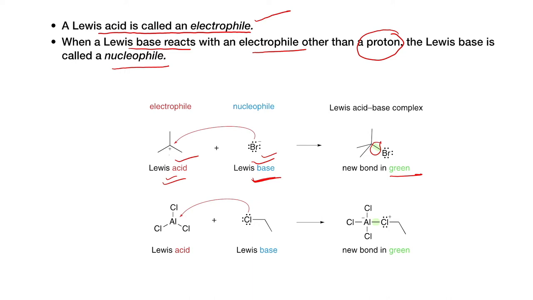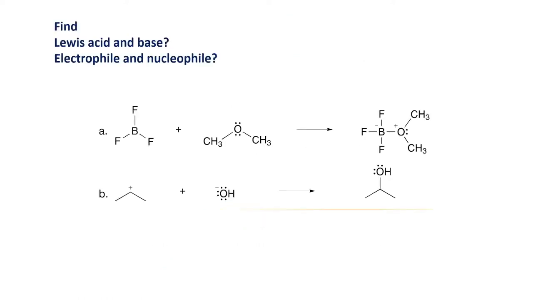Okay, similarly this is a Lewis acid, ammonium chloride is a Lewis acid, and this is the Lewis base. So you have to show the direction of the arrow from base to acid, and again this green color shows a new bond is formed.